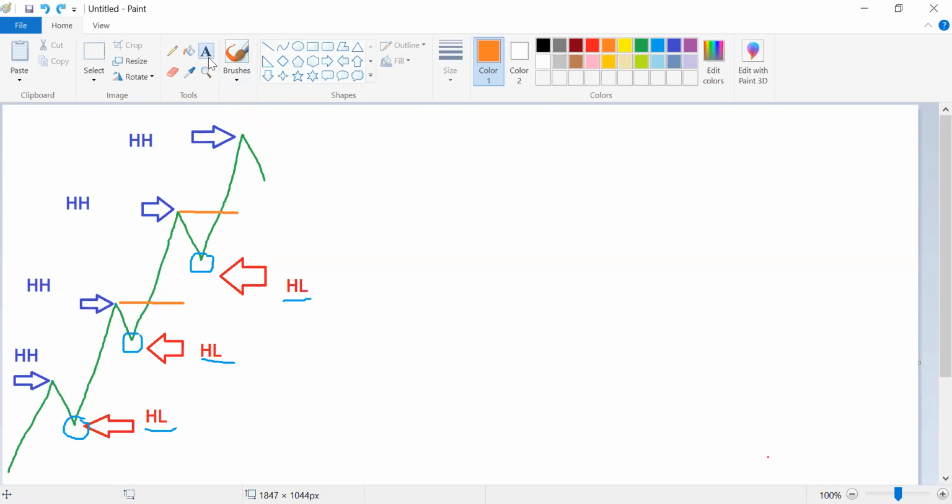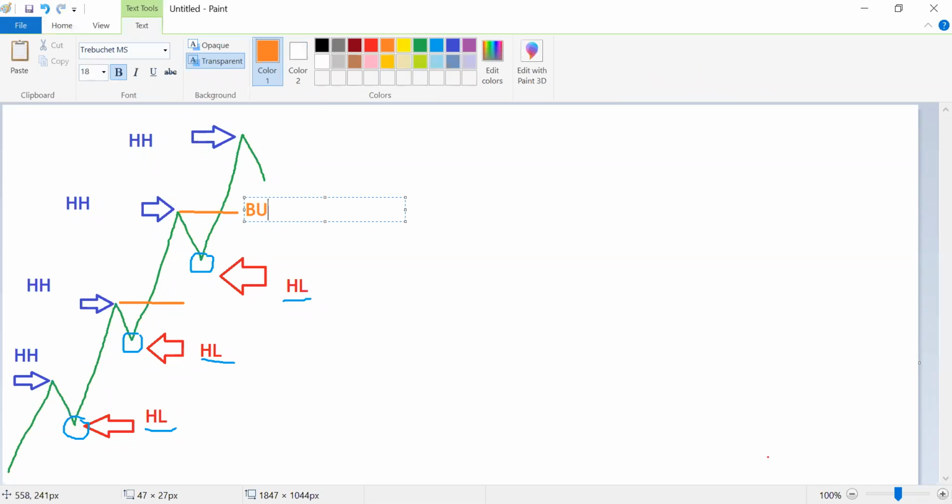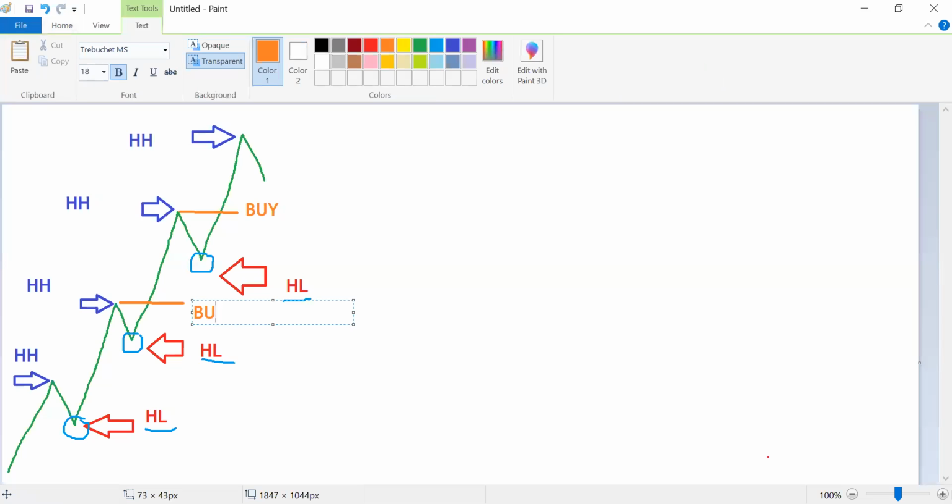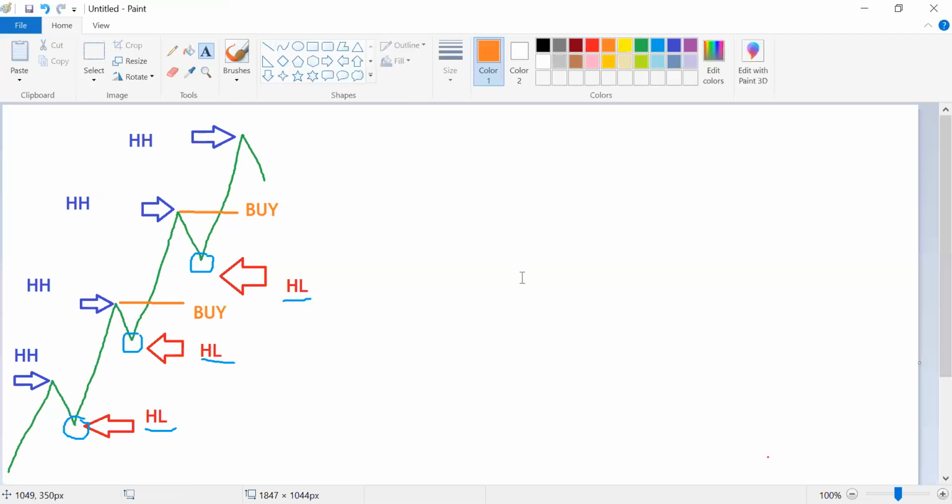Is this basic clear? When to buy? Perfect. Everybody, can you type buy clear?